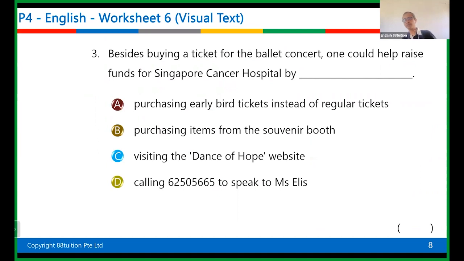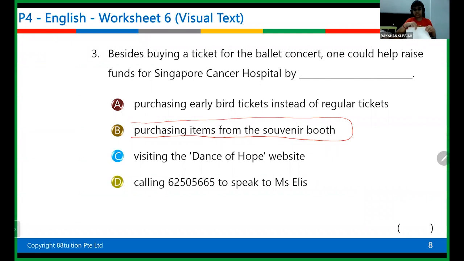Now, let's look at number 3. Besides buying the ticket for the ballet concert, how else can you raise funds? Is it purchasing items from the souvenir booth? Yes. Let's go through the options. They already say besides buying the ticket, and option A is already buying tickets, so it cannot be buying tickets again.